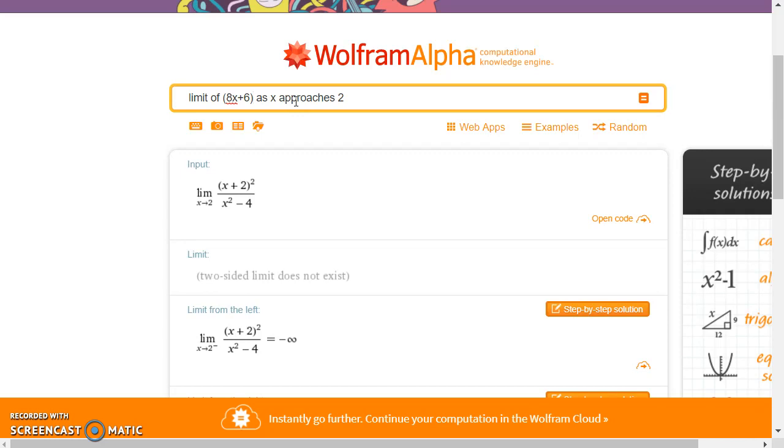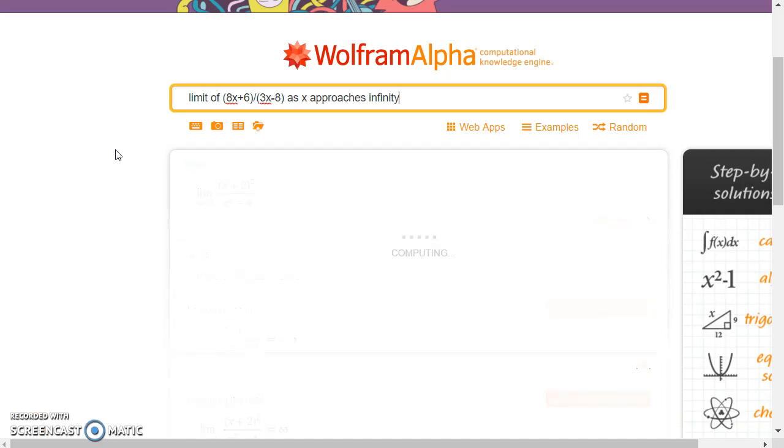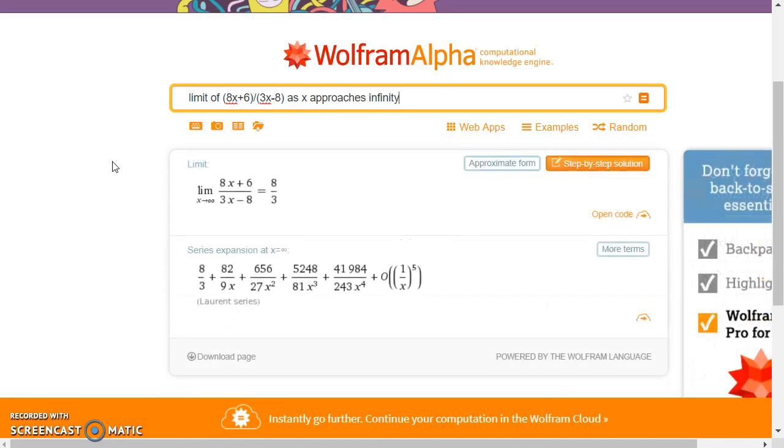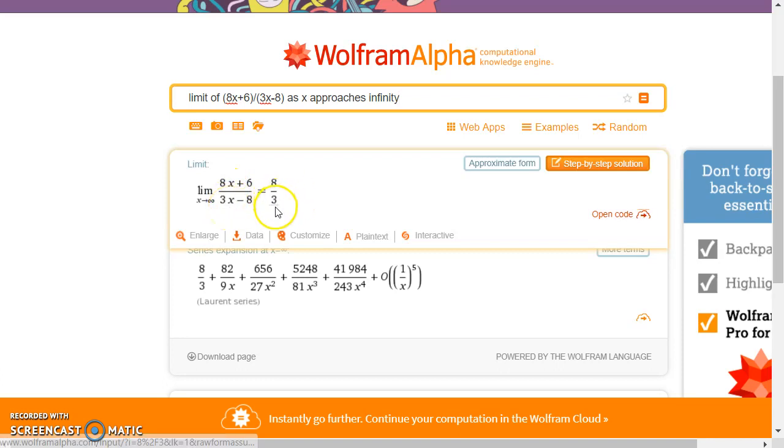And so again, I'm going to put both the numerator and denominator in parentheses to ensure that WolframAlpha understands that that entire expression should be in the top or bottom half of that function. So we'll take the limit of this as x approaches infinity. Again, we want to check this input interpretation just to make sure this matches our problem. And in this case, we get 8/3.